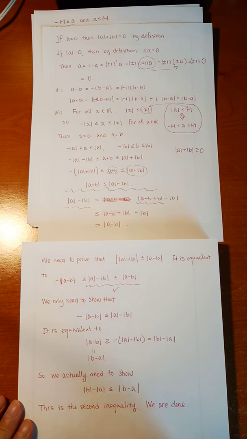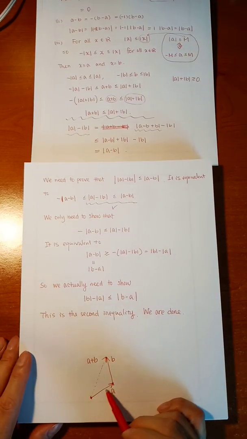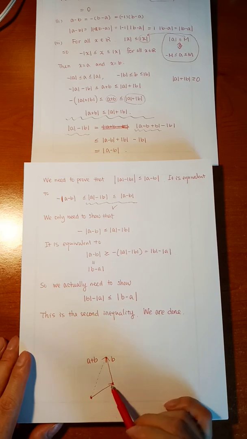You have a vector A, you have a vector B. How do you construct the addition A plus B? You put the second vector with the initial point at the terminal point of the first vector, and then you connect the initial point of the first vector and the terminal point of the second vector. This is A plus B. This is the initial point, terminal point.